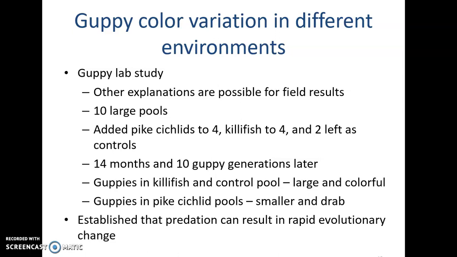About 14 months and 10 generations later, scientists realized that the guppies in both killifish and control pools were large and colorful, while the guppies that were in the pools where pike cichlids were present were smaller and drab. So with this more controlled experiment, scientists were able to establish that predation can result in very rapid evolutionary change, and that evolution over a short time span is possible.